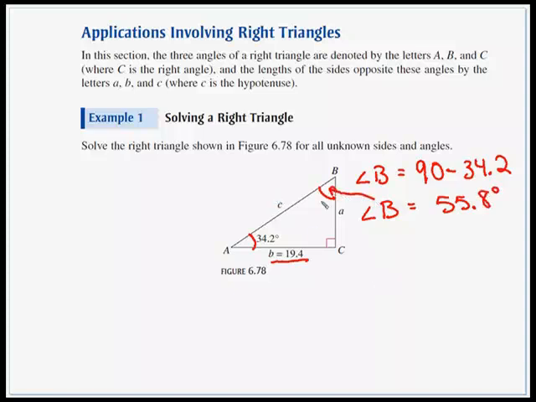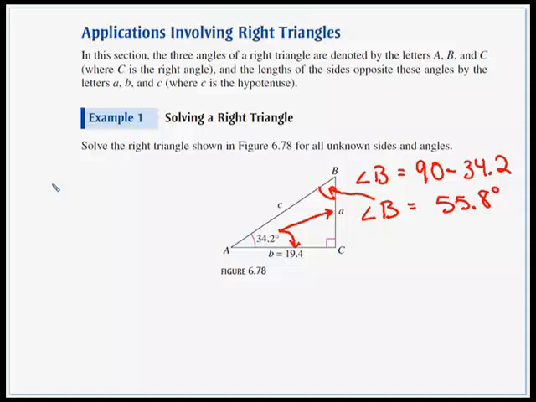Now we've got to find the missing sides a and c. Well, let's see. I'm going to go from angle A, and from angle A here, if I want to find side a, that is the opposite side, and the side that we know is the adjacent side. So I ask myself, what trig function deals with opposite and adjacent?